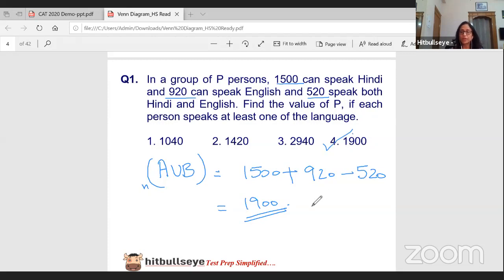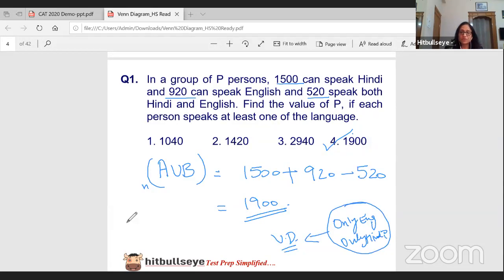Is that clear? So basically, you could have done this question by Venn diagram also. You could have done this question by formula also. How do you decide in the exam which method is going to be better? Now remember this tip. If your question gives you information about only English, only Hindi, if you see that kind of information in the question, please always use Venn diagram.